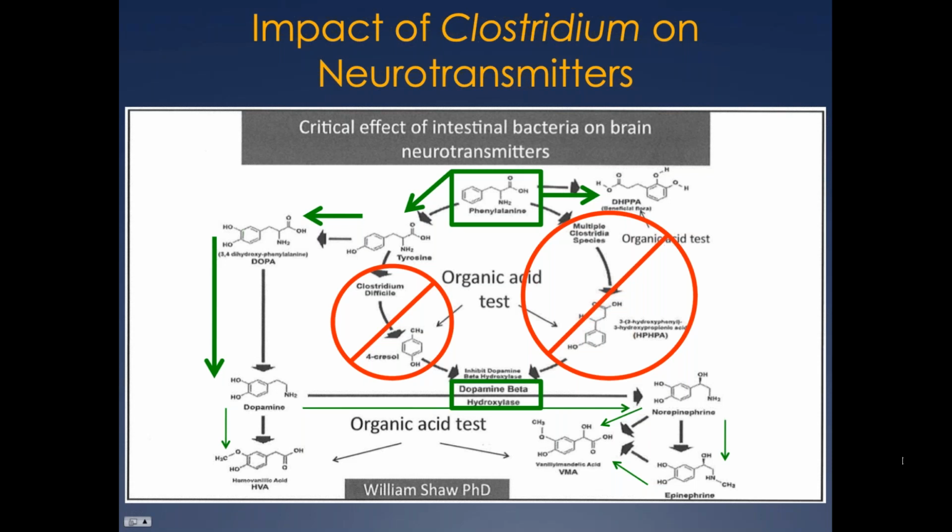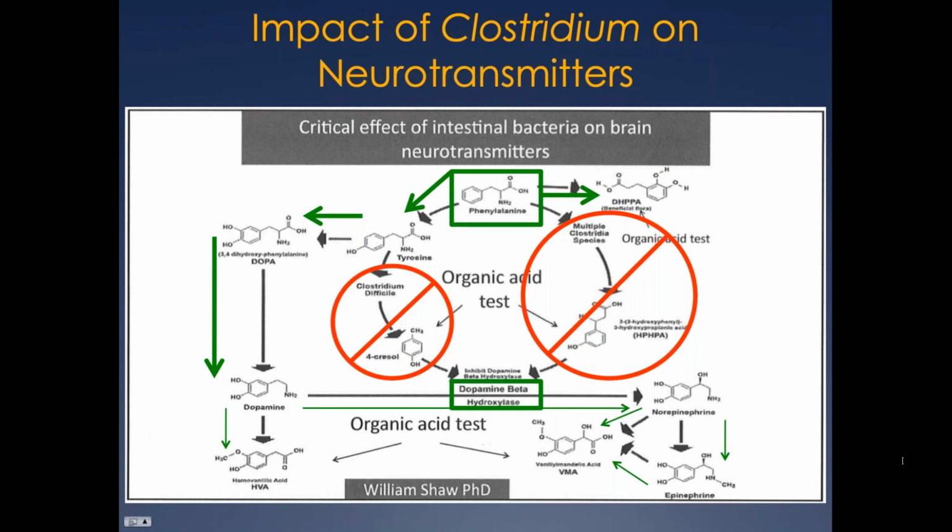When there aren't too many of these different Clostridial species, on the right, the various different types of bad actors, and on the left, Clostridium difficile in particular, phenylalanine, by and large, will either proceed to the right to form DHPPA, which is that marker of beneficial bacteria that we saw in the dysbiosis section earlier, or it will go to the left over to tyrosine, dopa, down to dopamine, and from there will either become HVA, just below dopamine, or proceed over to the right by way of an enzyme known as dopamine beta hydroxylase, which converts dopamine into norepinephrine, ultimately into epinephrine and the final metabolite VMA.